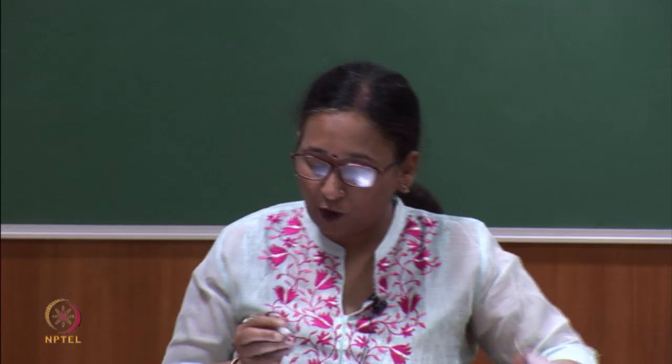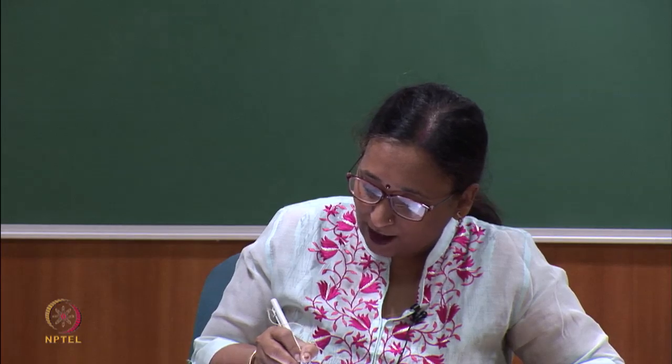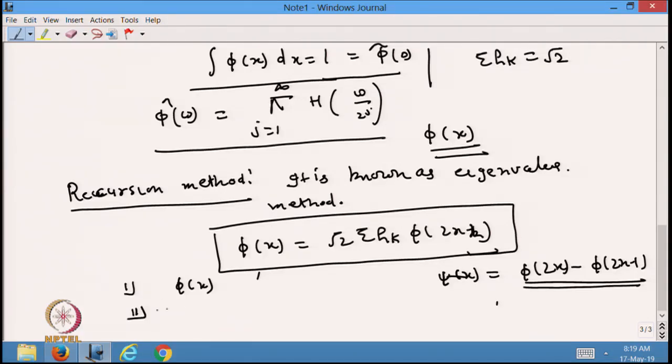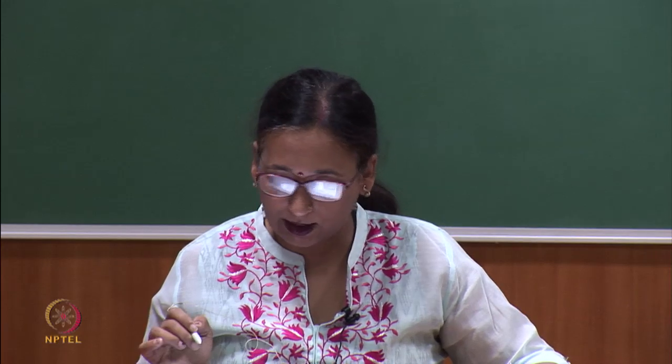One, you start with the scaling function phi x; second, you start with the h k filter coefficients; and third, you start with the scaling spaces Vj itself. Okay. So, that is how you could start with the multi-resolution analysis.